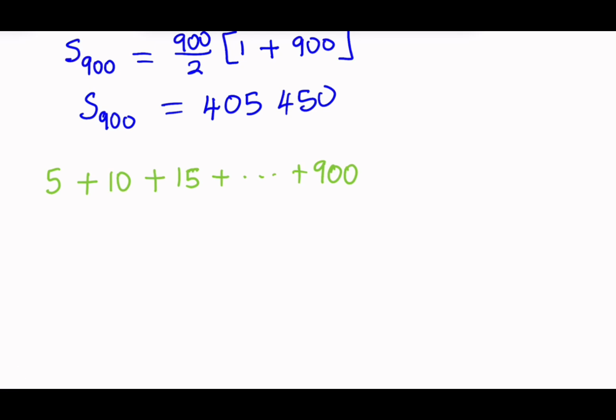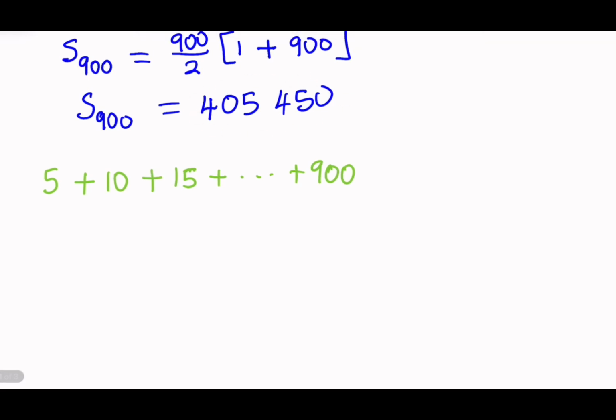Okay, so then I can say, in this situation now, I need to find the sum of these numbers. And then if I have the sum of these numbers, then I can minus it from this total sum. Then I'd have what I'm looking for actually. But to do that, I'm going to need to know how many terms I have in here. And I can quickly do that just using the Tn formula, where Tn is a plus n minus 1 times d. Tn would represent the last term.